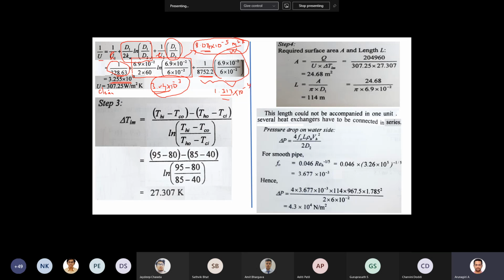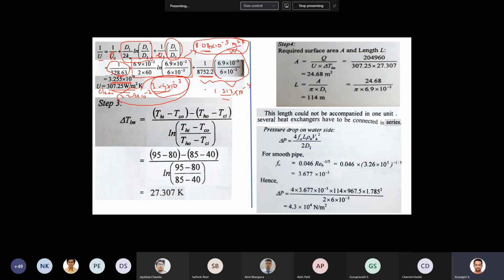Even if you see the overall heat transfer coefficient, it is 307. So if you calculate the inverse of 307.25, it is 3.25 into 10 power minus 3. So this value is very close to the overall heat transfer coefficient of ethylene glycol, because this value is very high.